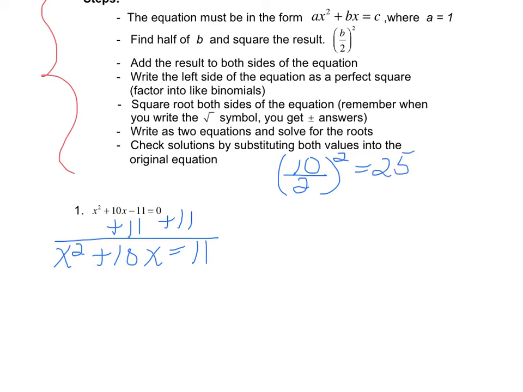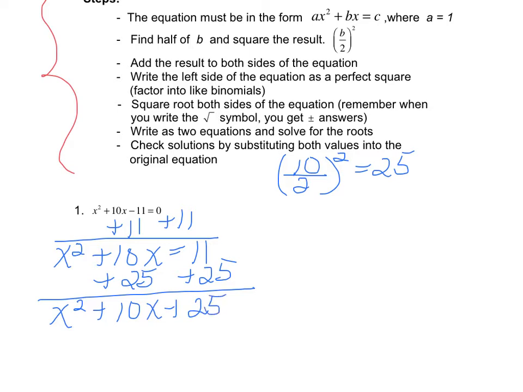Take that result and add it to both sides of my equation. So I'm going to add 25 to both sides of the equation. And now I have x squared plus 10x plus 25 equals 36.